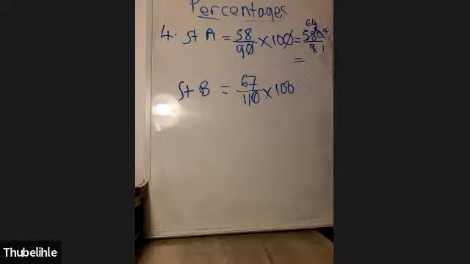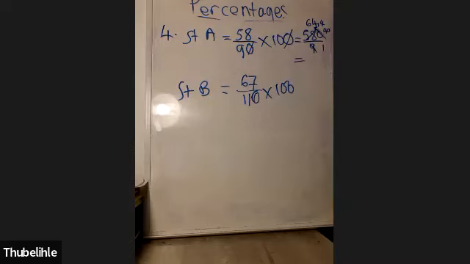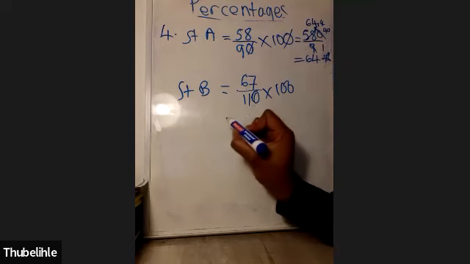Remainder 4. So you see, this is just like the one that we dealt with, the 1.66, because this one is going to keep going 0.44444. You can already see all the remainders are going to be 4. So student A got 64.4%.